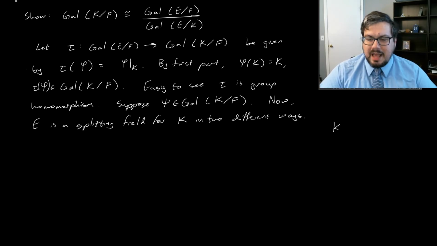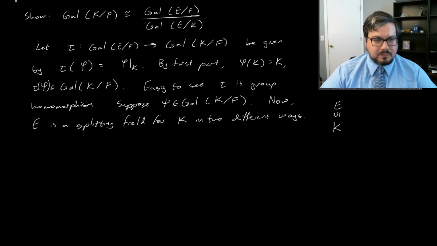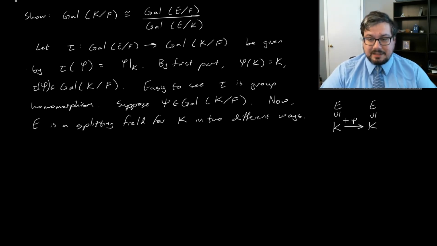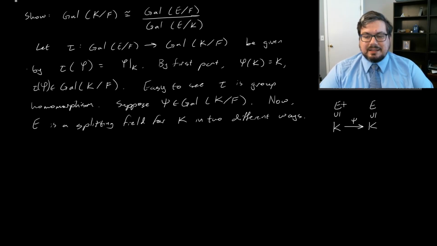We had that K is just a subset of E. But we could also take K, map it to K via psi, and that K is also a subset of E. And E is going to be a splitting field for K in both of these ways.